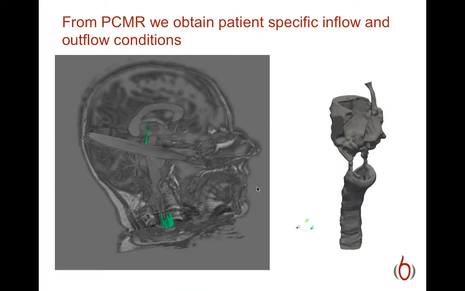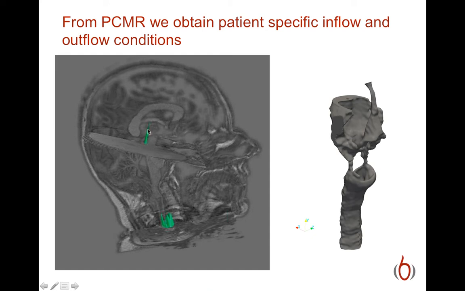So what we had here was that we had measurements somewhere below the foramen magnum at C2 or something like that, and we also have velocity measurements in the aqueduct.